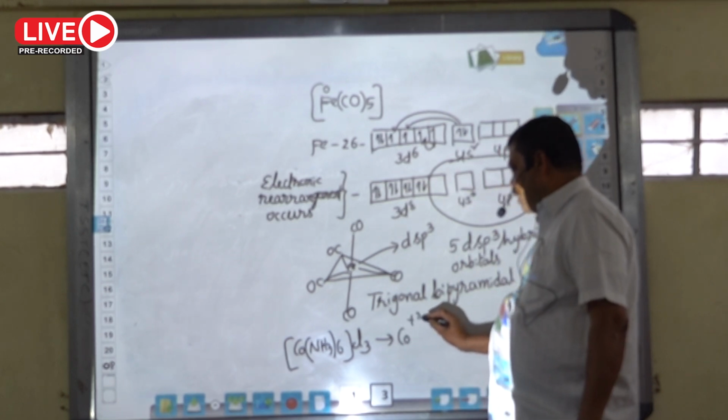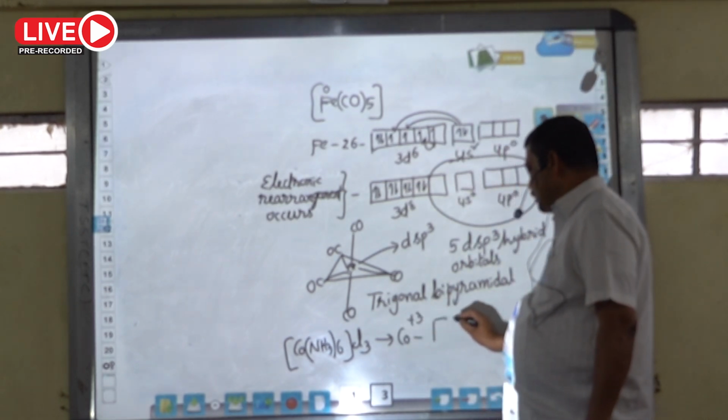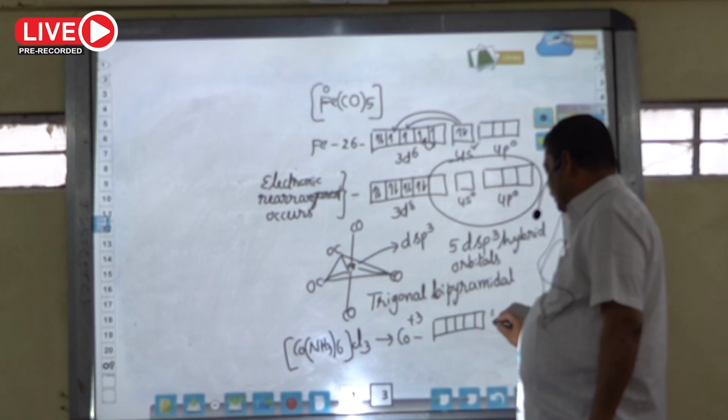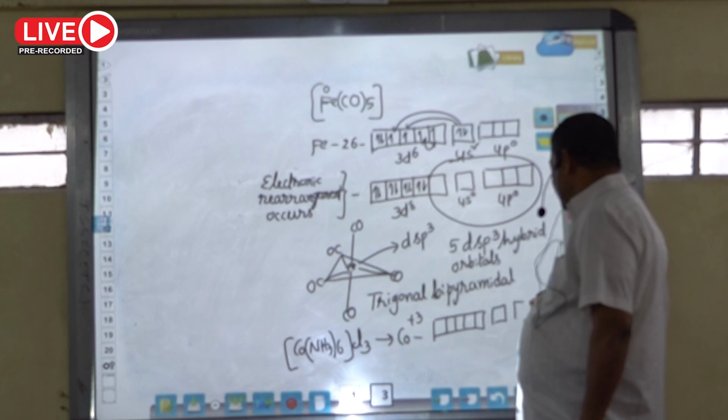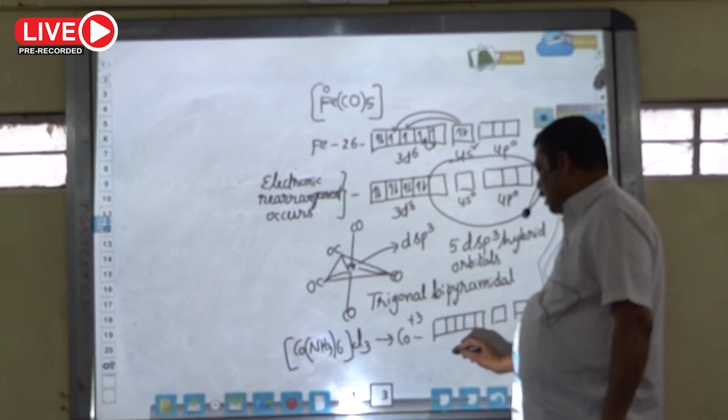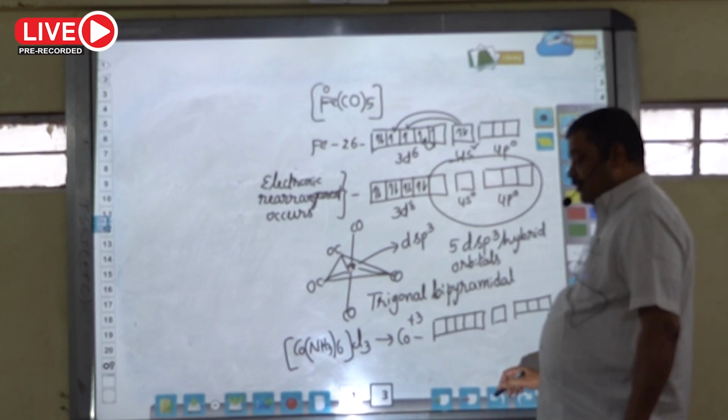Co is in +3 oxidation state. In +3 oxidation state, cobalt is 3d7 4s2.